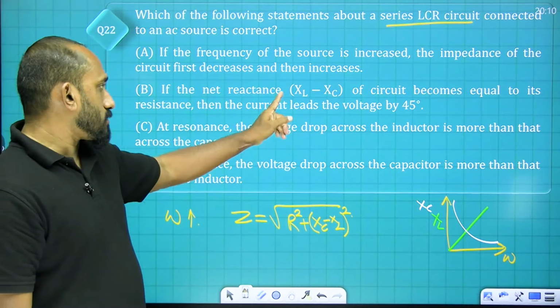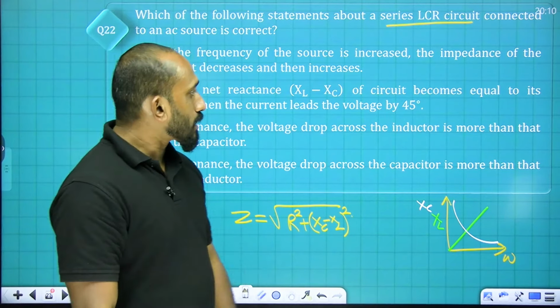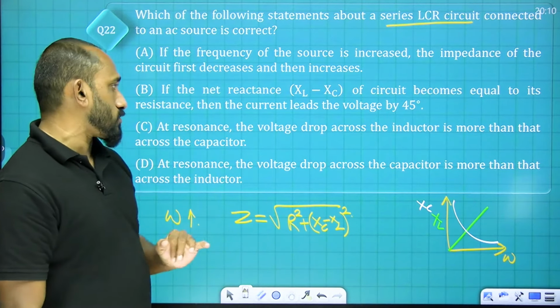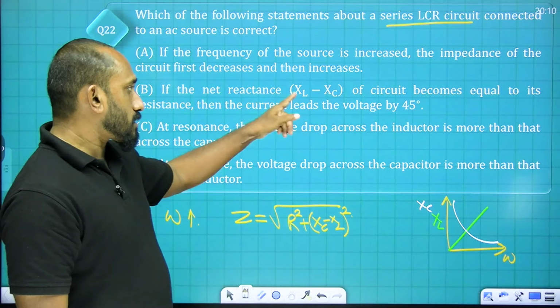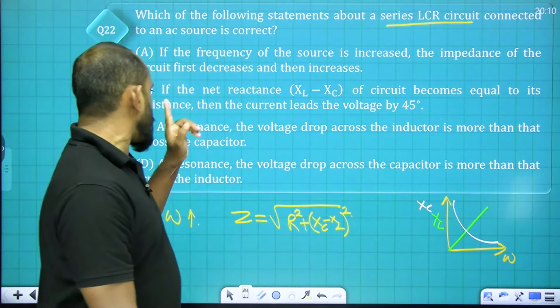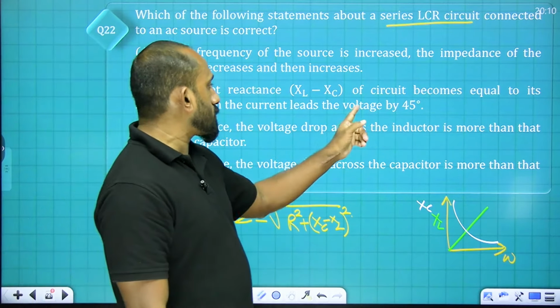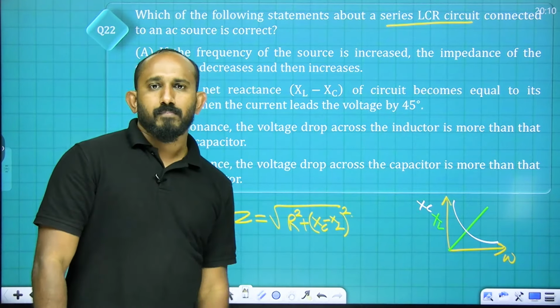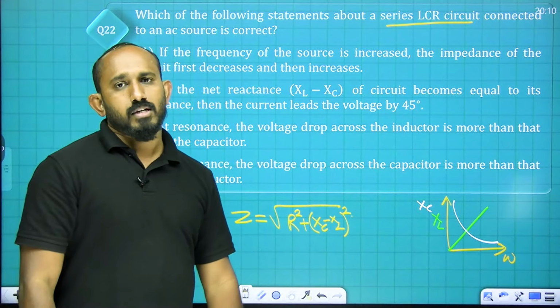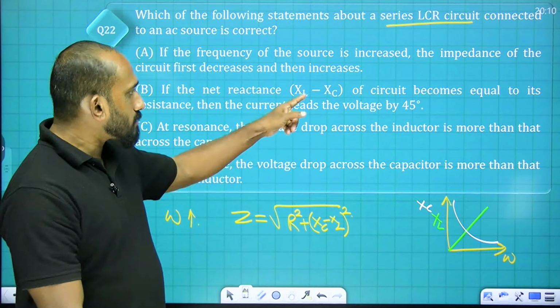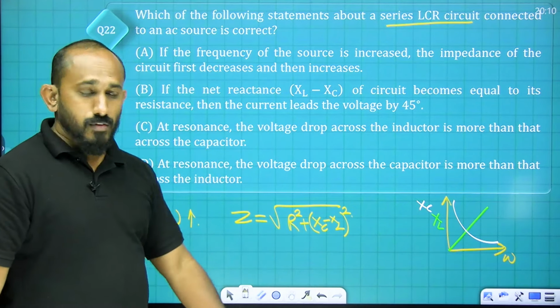Option B: if the net reactance XL minus XC of the circuit becomes equal to its resistance, then the current leads the voltage by 45 degrees. XL minus XC equal to R is given.